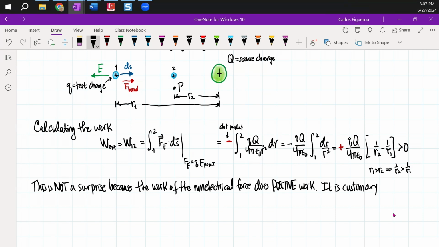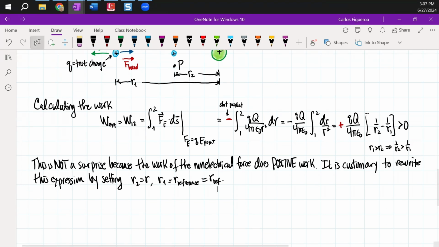So it is customary to rewrite this expression by setting R2 equal to R, and R1 is now the reference position, which I'll call just REF.